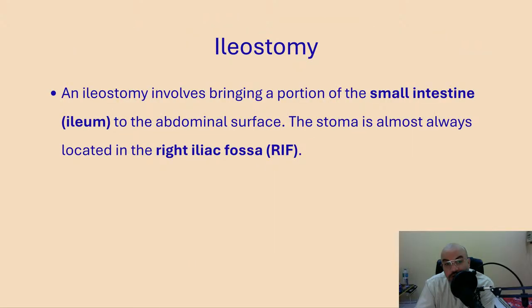So we go now to ileostomy. What is the main difference between colostomy and ileostomy? It's which part of the GI tract is coming out. If we're talking about the large intestine, we're talking about colostomy. If we're talking about the small intestine, we're talking about ileostomy. The stoma is almost always located in the right iliac fossa.